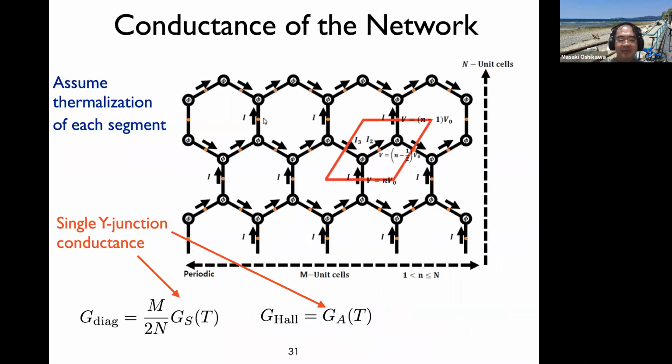Then what we obtain is the diagonal conductance. So if you apply an electric field in one direction, you can induce current in the same direction. So this diagonal conductance is proportional to the conductance of a single Y junction. And we know the power law dependence of this.